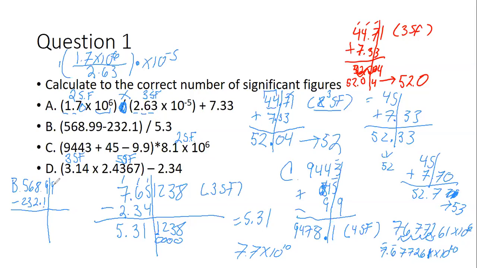So my answer should only have one number after the decimal. When you do that calculation, I'm just going to trust I wrote it down right, 336.89. All right. This 9 is not significant, but I'm going to keep it there because I have more calculations to do. I don't want to round yet.